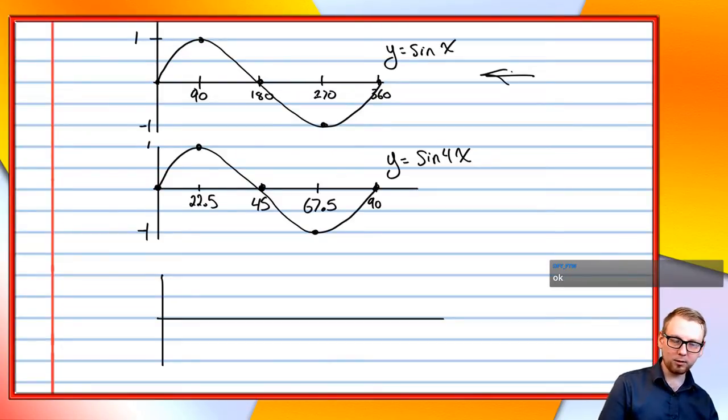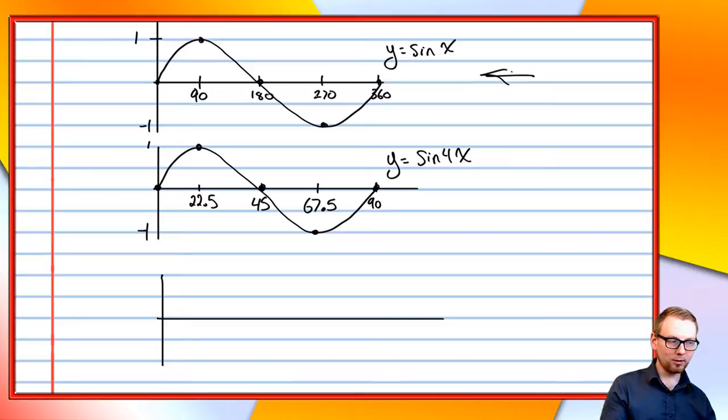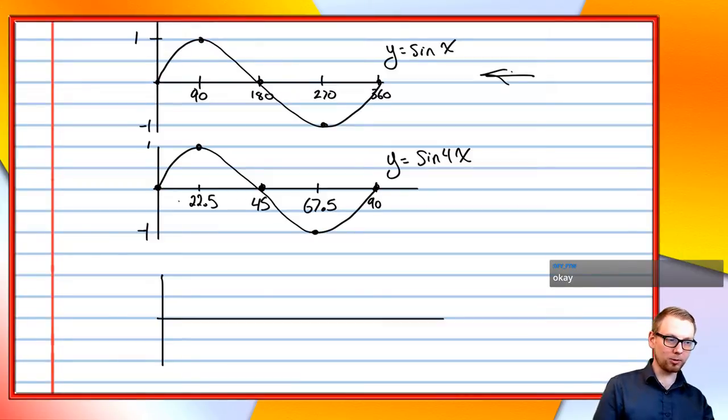I divided each one by 4 because that's what you did to the period. So that's how these 4 numbers appeared.